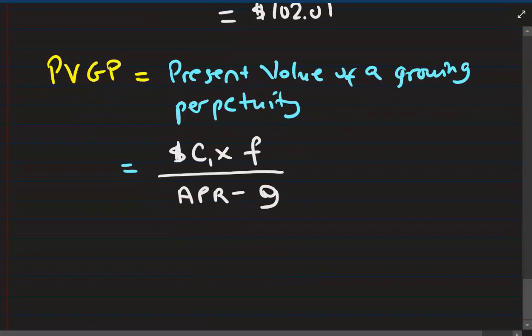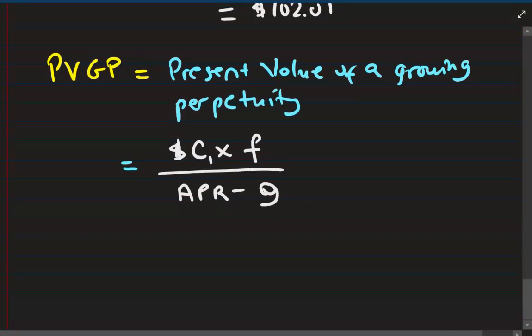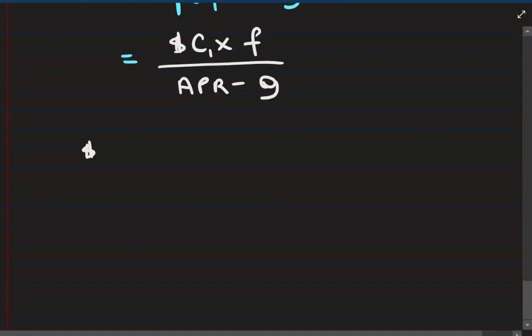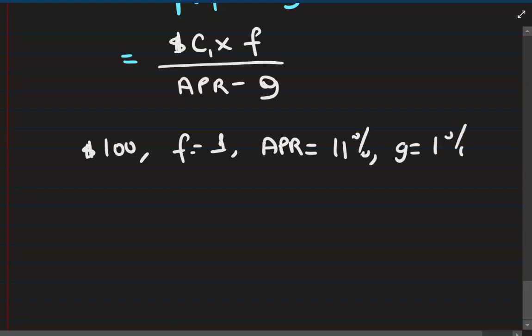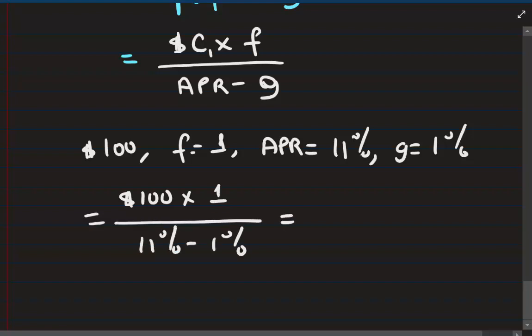So in this example, first payment is $100, F is 1. Let's say proper interest rate is 11% and growth rate is 1%. Then what we need to do is plug in the formula, $100 times 1 divided by 11% minus 1%. That's $100 divided by 10%. Dividing something by 10% is the same thing as multiplying it by 10. So that growing perpetuity would have been $1,000.